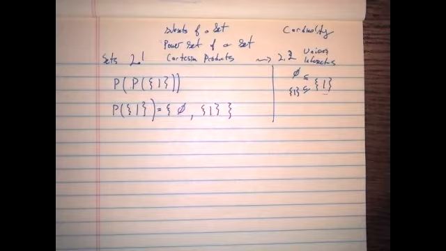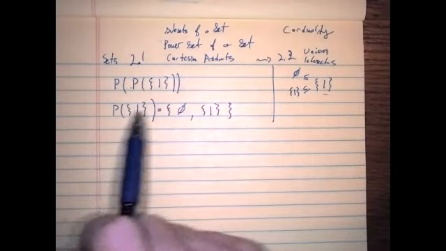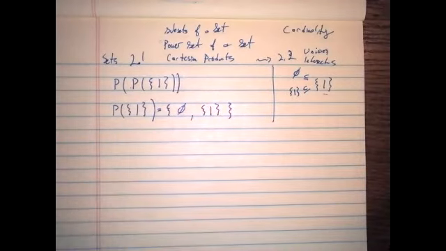This is at least a little less confusing than when I was playing those games with a bunch of brackets around empty sets. So a power set of a set can only contain sets. That's right. So by definition, the elements in a power set are subsets of the given set.